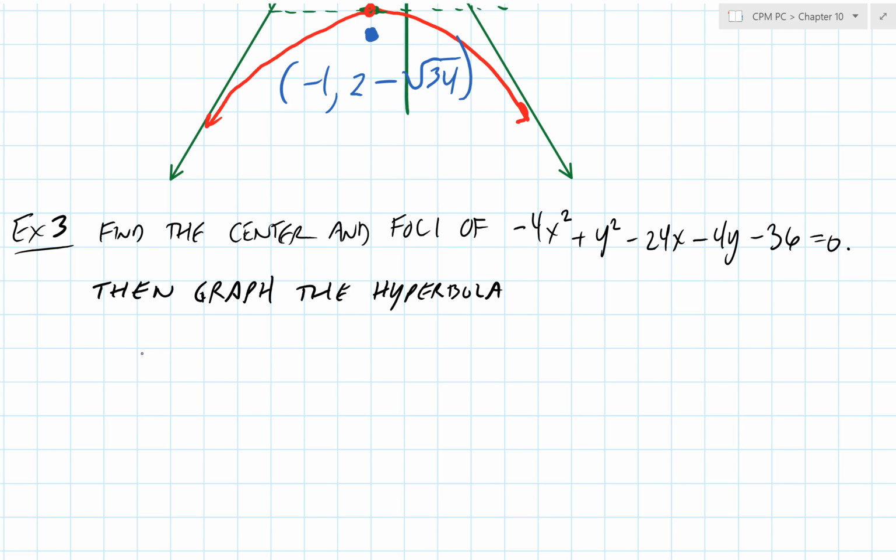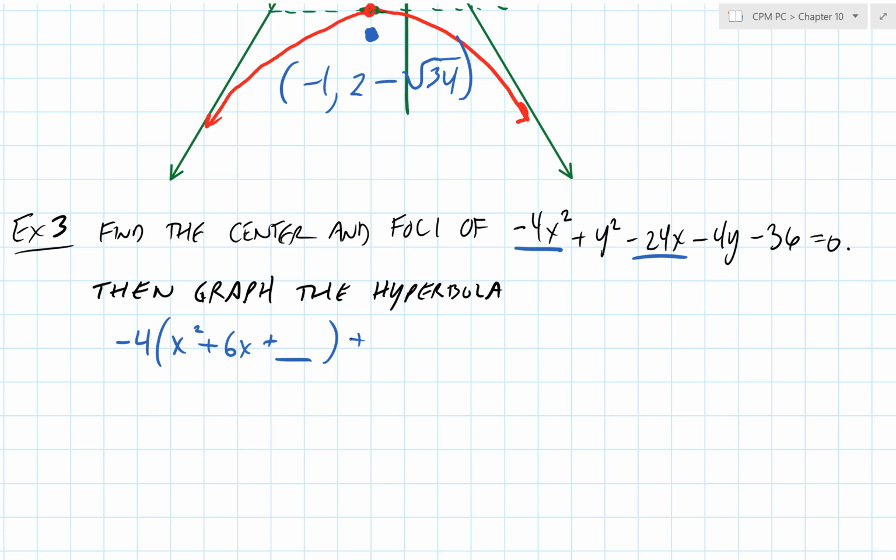So first I want to get the x parts together. We have -4x squared and -24x. So I could start off by factoring out a -4, and that would leave me with x squared plus 6x. I'm going to complete the square there.